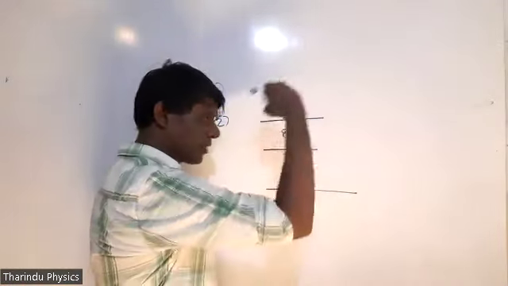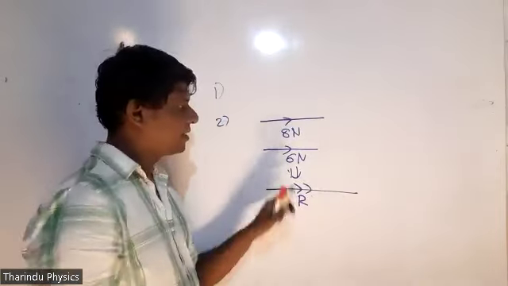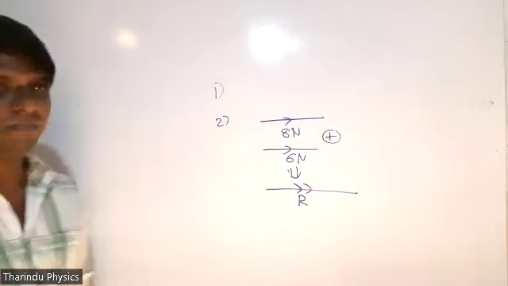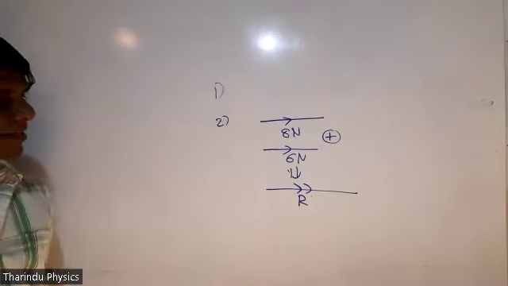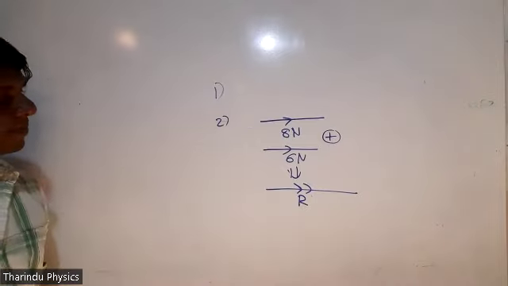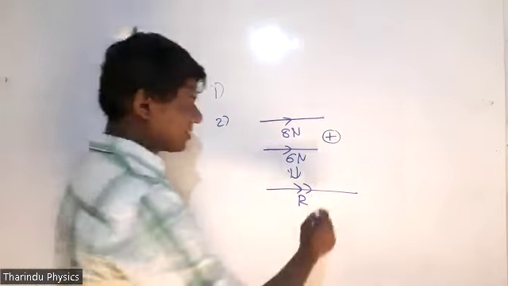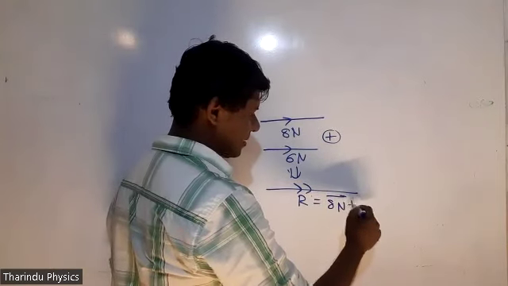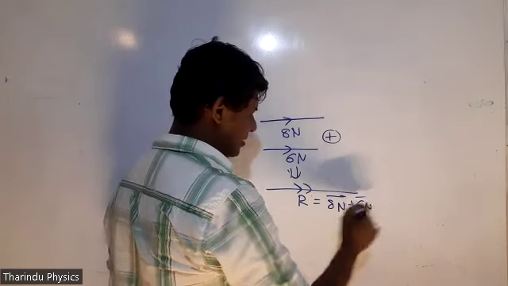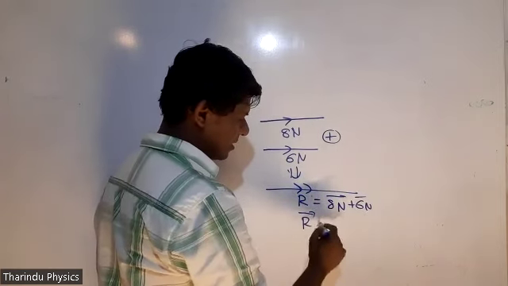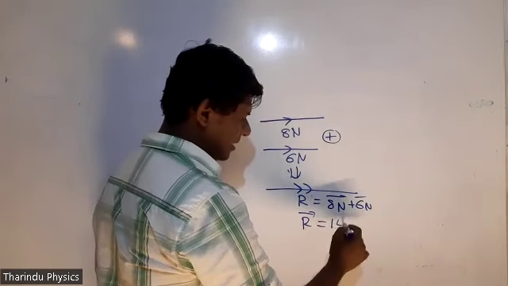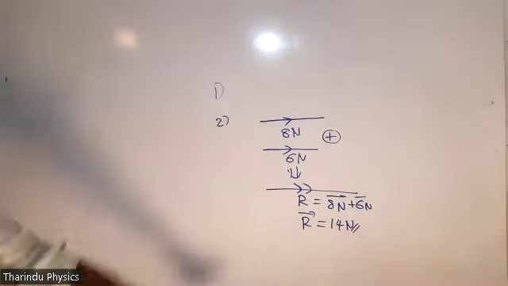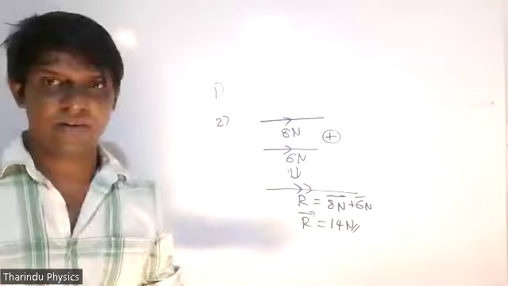The second one is also to the right. That means you can add these two together with no problem, right? There is no hesitation. You can add them and get the final vector as what? 8 Newton plus 6 Newton. So the resultant is what? 14 Newton to the right. Can you understand? You can simply add.